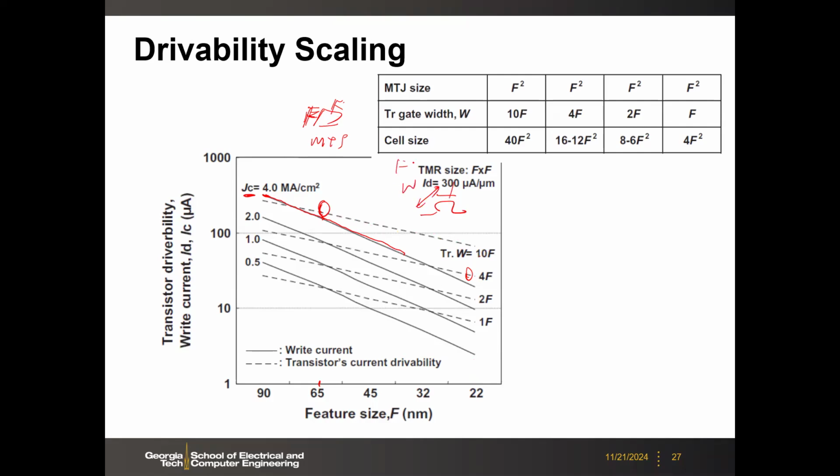Which is F direction. So then at 22 nanometer, you need 4F is enough to provide this current. So it helps, okay, with the scaling. But still, fundamentally, we want to reduce this JC towards 1 megaamp per centimeter square.